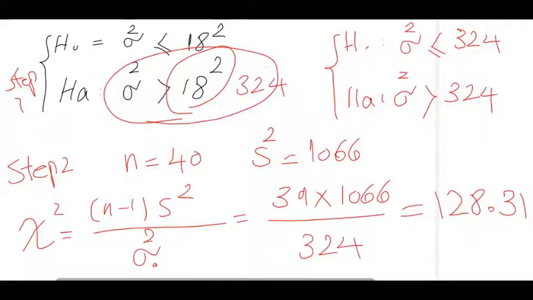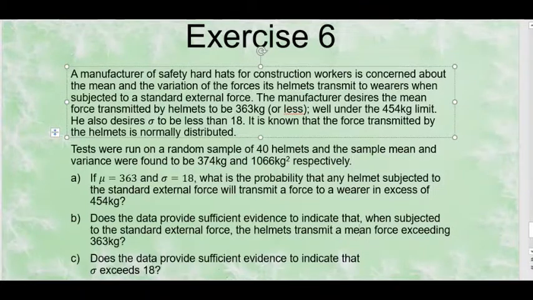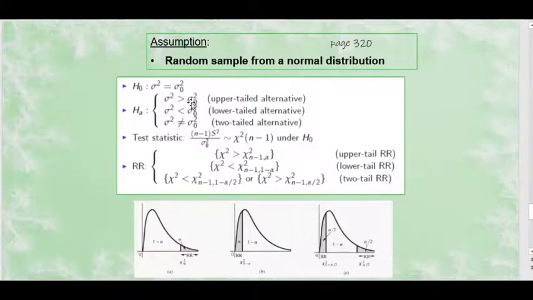For a right tail test, alpha is 0.05, so we need a chi-square with n minus 1, which means 39, and alpha, which means 0.05. If you look at this formula, you can see for a right tail test we need chi-square with n minus 1 and alpha.